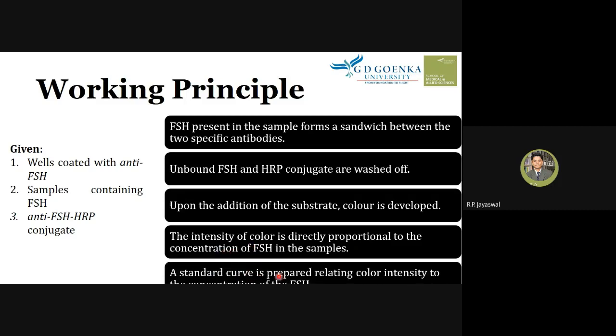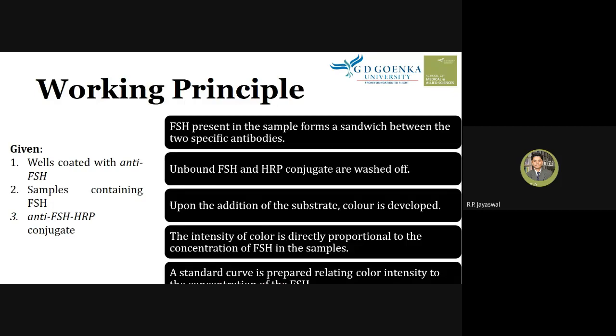A standard curve is prepared. We can prepare a standard curve relating color intensity and the concentration of FSH, and from that standard curve we can find out the level of FSH in the given sample. The standard curve is prepared from known concentrations of FSH.